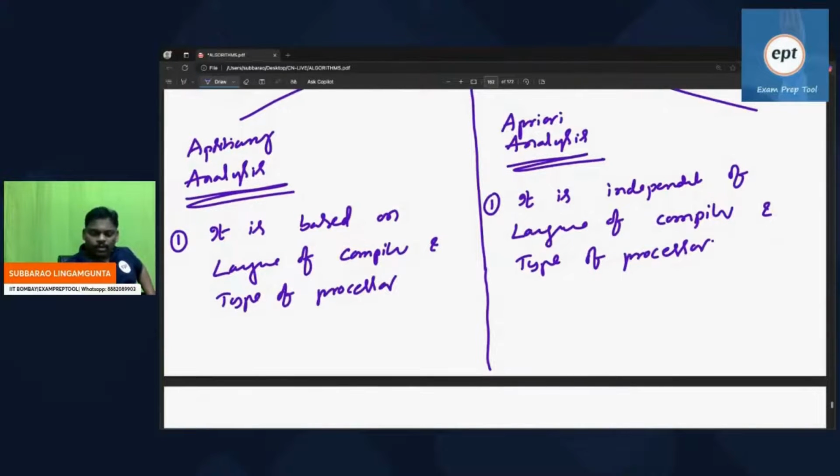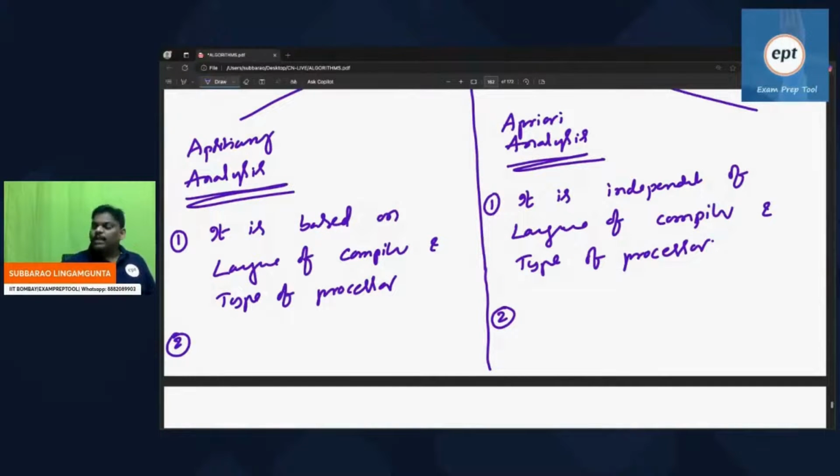Okay, I'm thinking that you are absolutely fine. Can you see the second step? Sir, one is dependent, another one is independent. How, sir? How is independent possible? You will get to know. According to priori analysis, it's independent of actual things. Without those two, how can you find out time complexity?